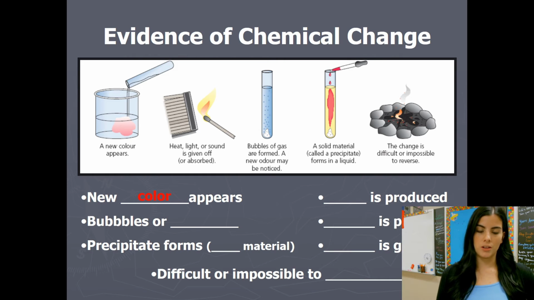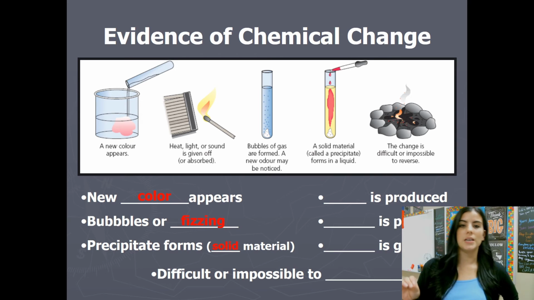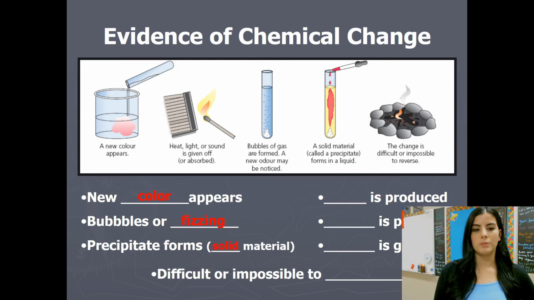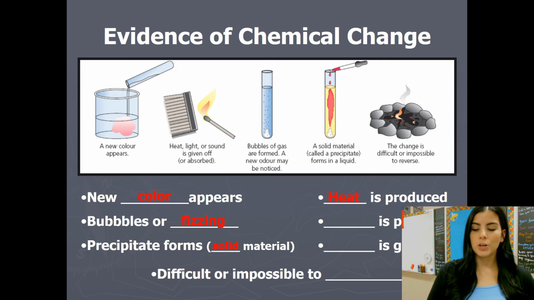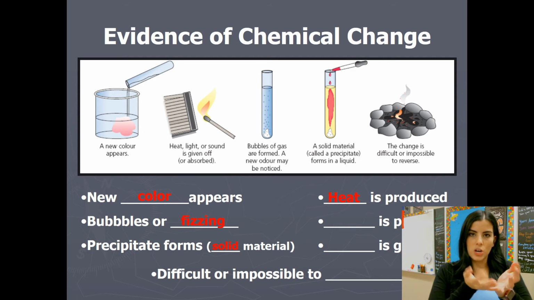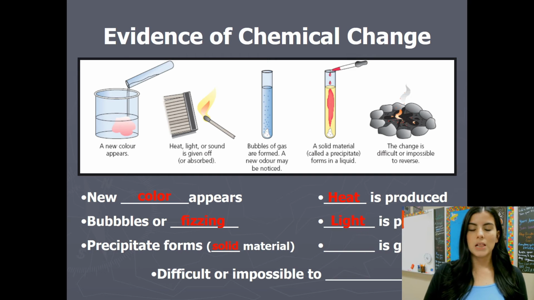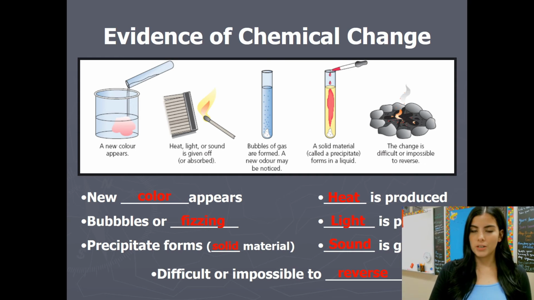Bubbles or fizzing, a precipitate forms, which means it's a solid material that forms. And then heat is produced, so if you touch the outside of a beaker, it'll feel warm. Light is produced. Sound is given off. And it's difficult or impossible to reverse.